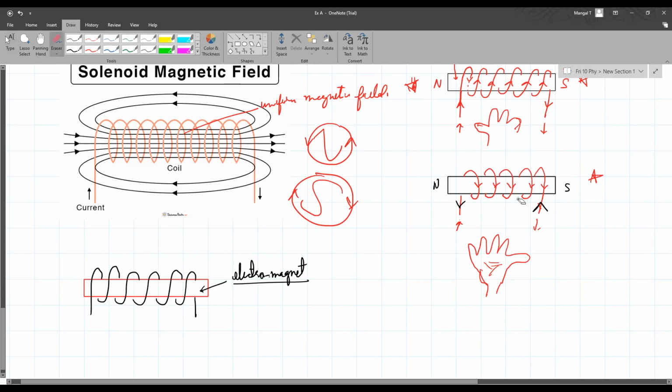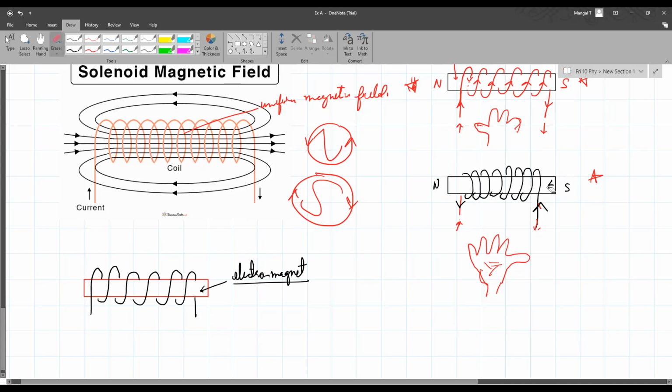Say for example, here there are 1, 2, 3, 4, 5 loops, sorry, my mistake, number of turns. Now, if you increase the number of turns, or if you increase the current flowing, then you increase the strength of this magnet.